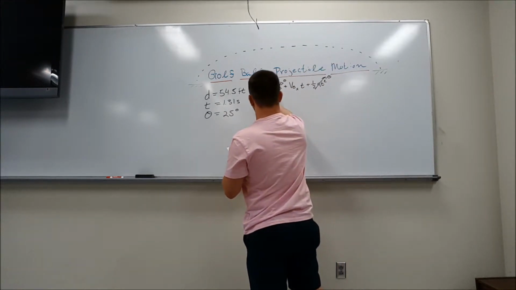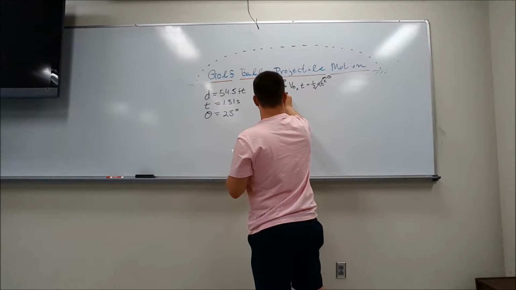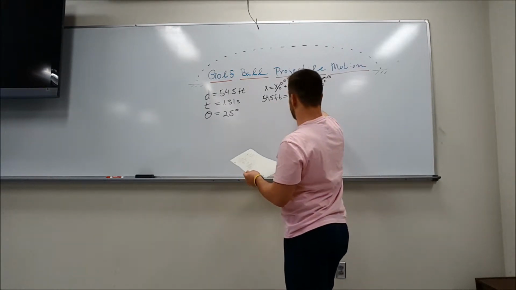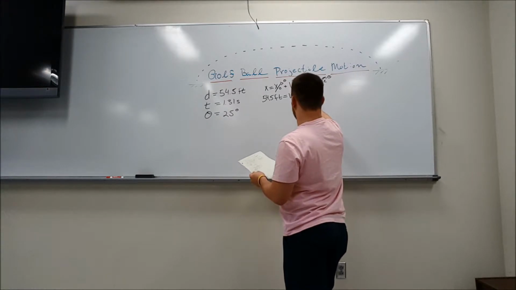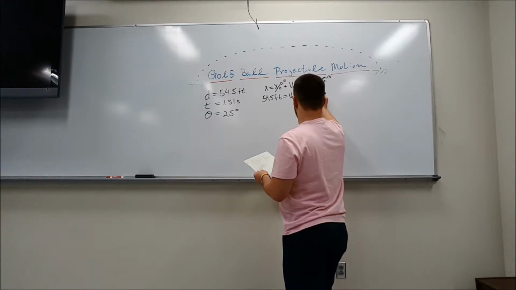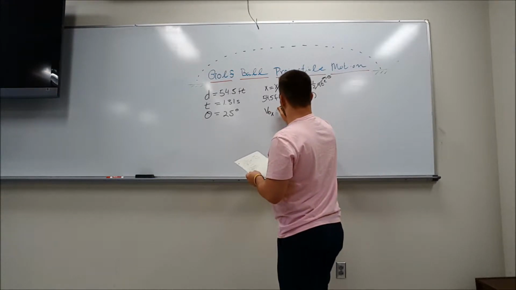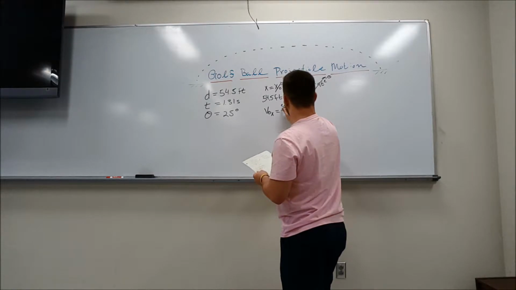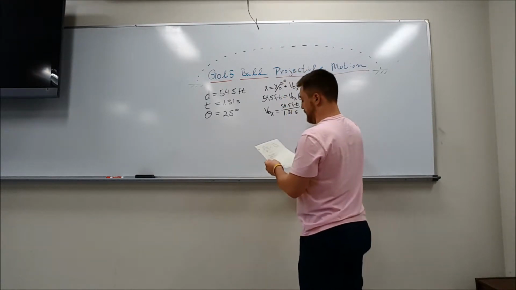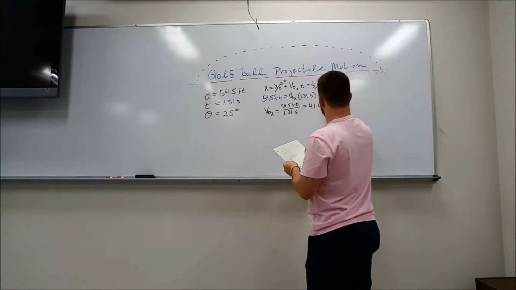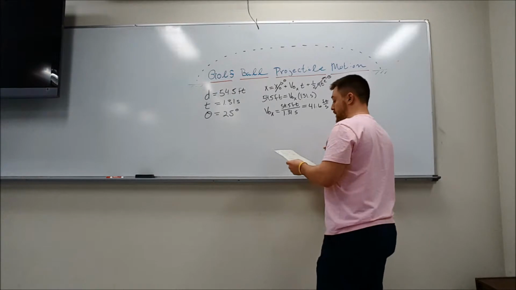So we start out with 54.5 feet. The 54.5 feet is equal to the initial x velocity times the 1.31 seconds. So in order to find the initial x velocity, we take the 54.5 feet, divide that by 1.31 seconds, and that gives us an x velocity of 41.6 feet per second.